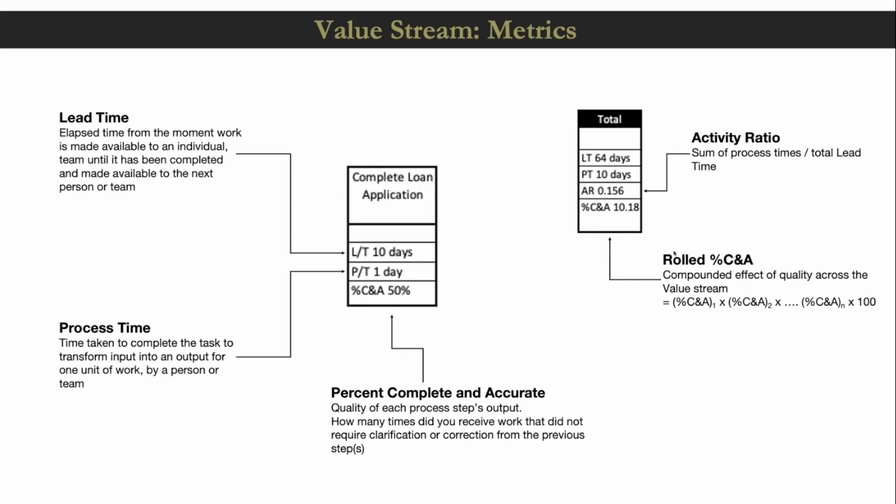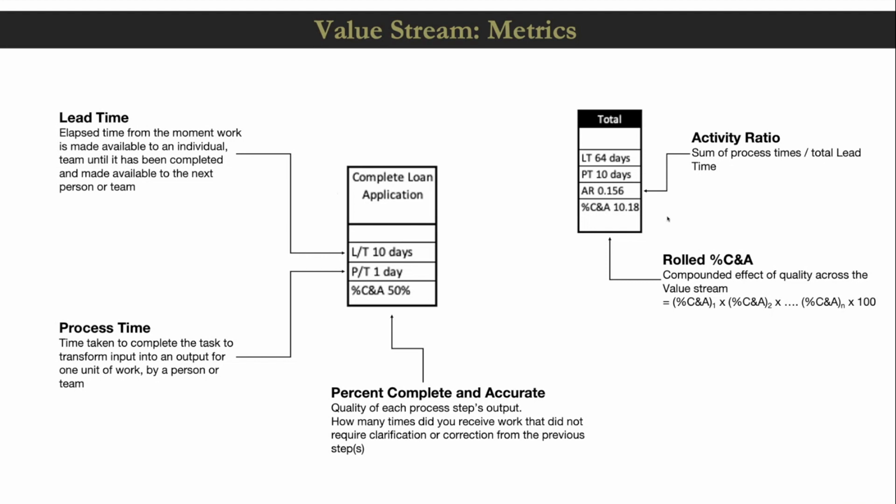Finally, the quality component of each process step is compounded, and we have a rolled percentage CNA indicating a 10.18 percentage complete and accurate. In simple terms, what percentage CNA rolled up indicates is that only a little bit more than 10% of the time, an item entering the value stream passes through without a hitch, without going back one step or a previous step, which in this case is really terrible.